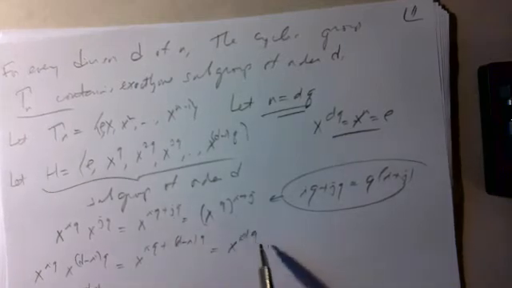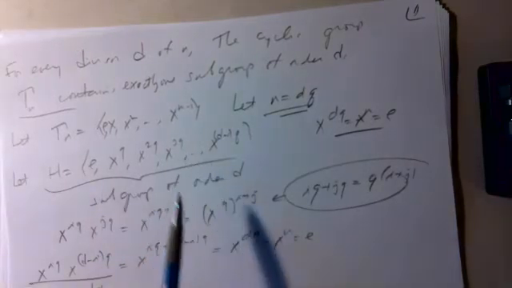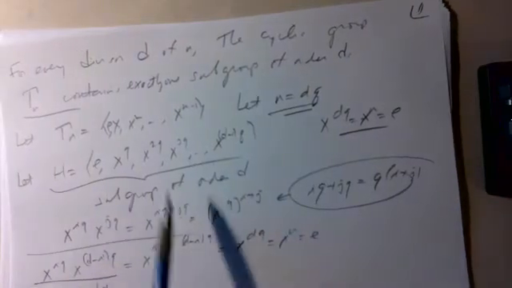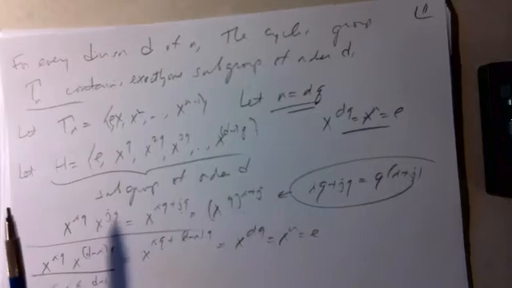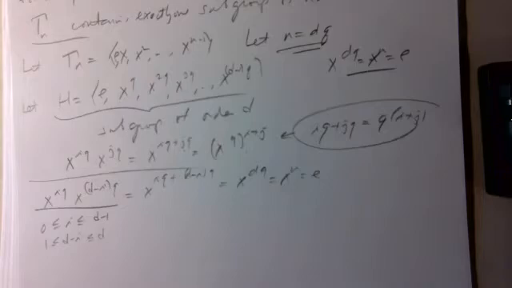That's x to the dq, which is x to the n, which is the identity. So this set contains the inverse of each of its elements. This is a subgroup, and it has exactly order D. So this proves that the cyclic group of order n contains at least one subgroup of order D.